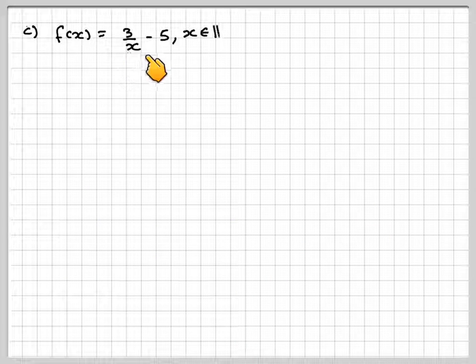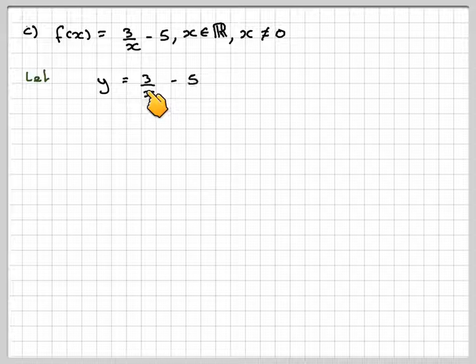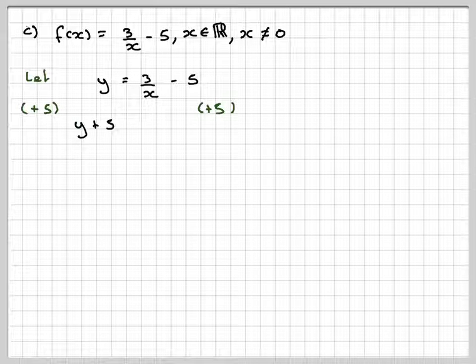The final example, f of x is equal to 3 over x minus 5, x belonging to R, x not equal to 0. If we let y be equal to 3 over x minus 5, if we add 5 to both sides, we're going to get y plus 5 is equal to 3 over x. The problem is x is in the denominator.